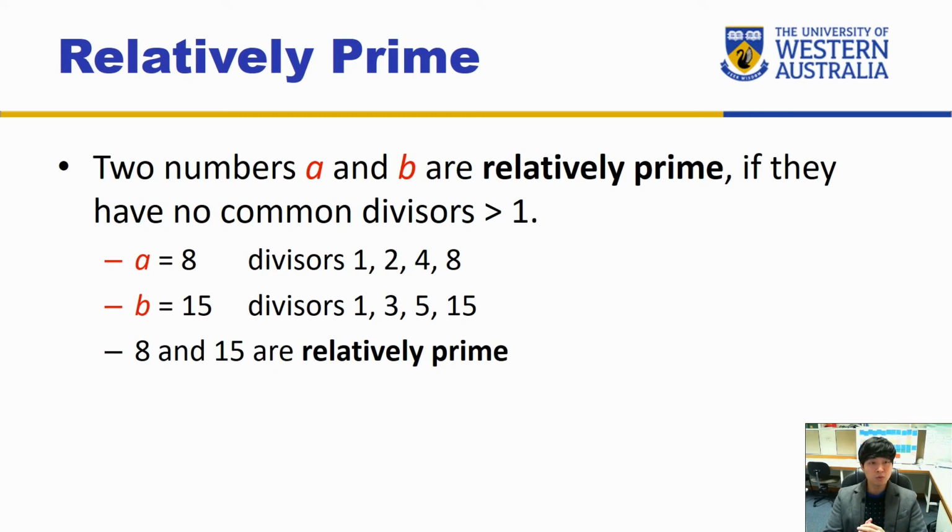For example, a equals 8, b equals 15. Both have some divisors like 2 and 3. However, they don't have any common divisors. So 2 does not appear in this list, 4 or 8 does not appear in this list, same with 3, 5, and 15. So here we can say that a and b are relatively prime.